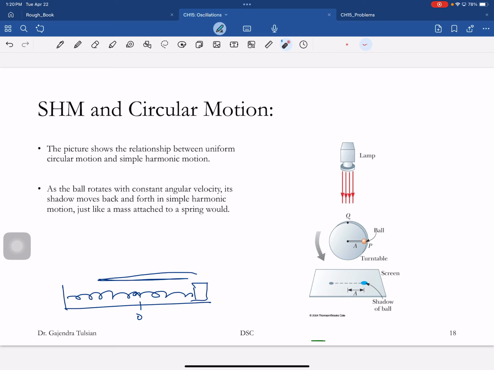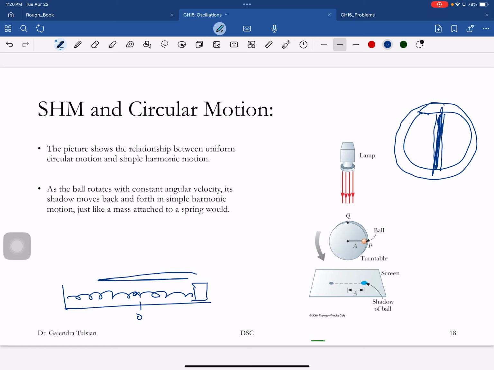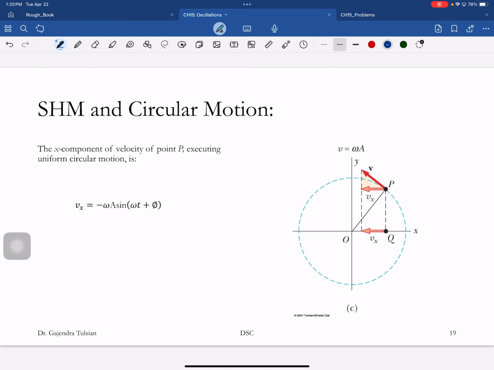You might remember from the chapter on gravity, we dug a hole through the center of the earth, a tunnel, and that was a simple harmonic motion. That was related to the International Space Station motion, which is exactly that. The International Space Station is executing two simple harmonic motions.